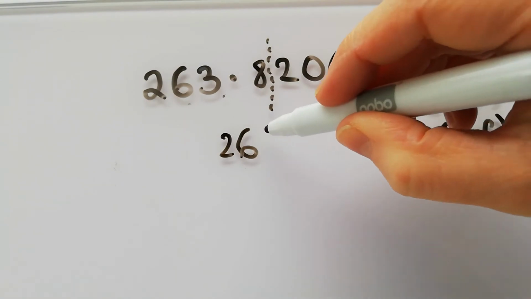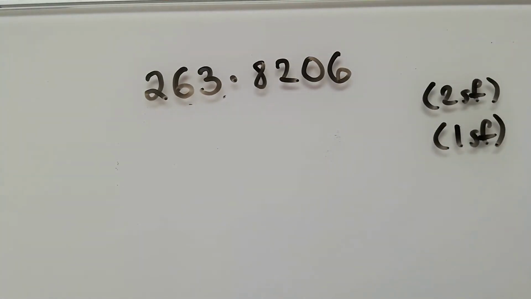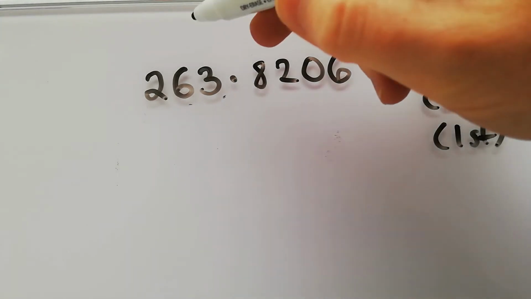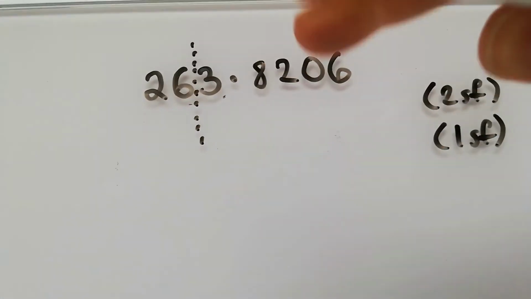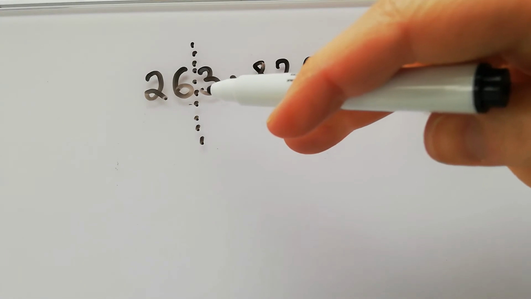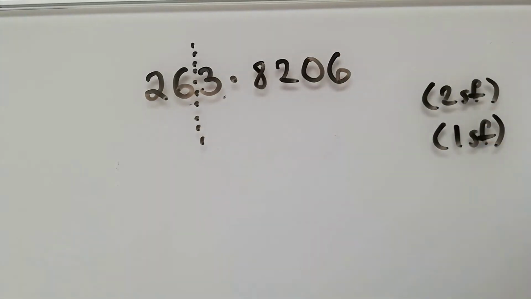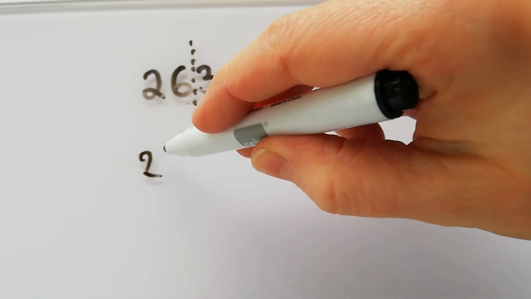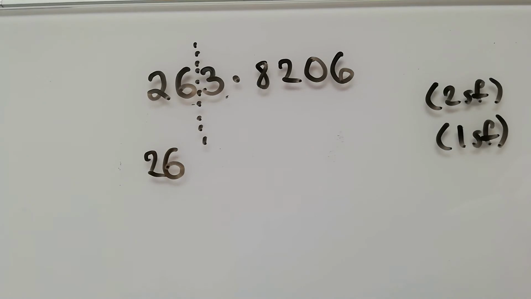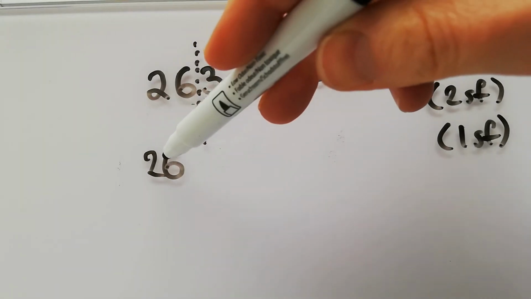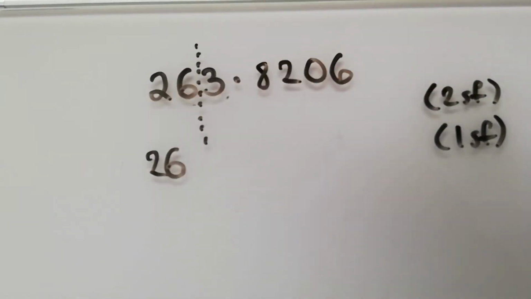So to 4 significant figures, that's 263.8. If instead I wanted to round to 2 significant figures, then I would make my cut after 2 significant figures. And again, looking at the right hand side of the line, I have a number that's less than 5, which means that the 2 stays as a 2 and the 6 stays as a 6. Now what's slightly different in this case is that I don't just leave it as 26, because this number is 260 something and this number is 26, and the two are very different in magnitude.